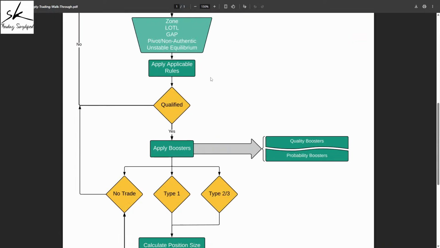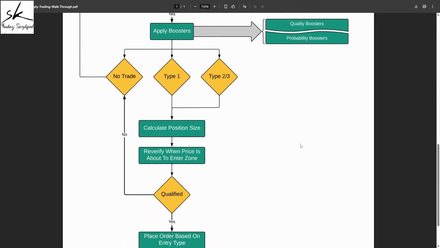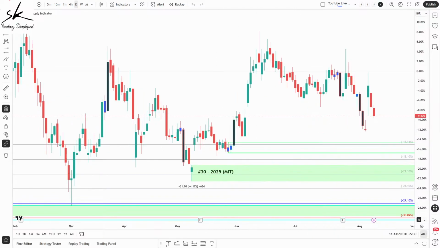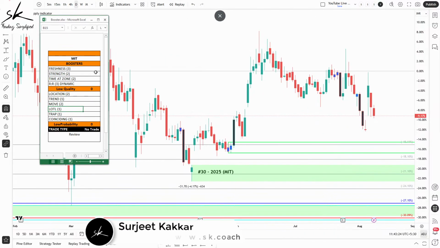So yes, pivot non-authenticity not applicable, unstable equilibrium not applicable. So after looking at all the applicable rules, none of the rules disqualified the setup for us. So is it a qualified zone? The answer is yes. So now that we have a qualified zone, we'll move on to the next step, which is applying the boosters. So let's get started with the boosters. The first one is freshness. The zone is definitely fresh, gets a score of 3.